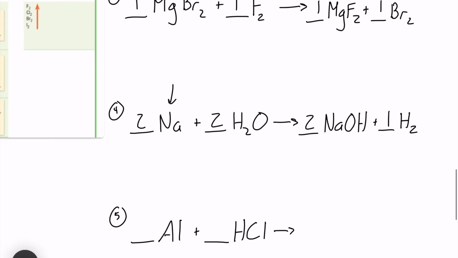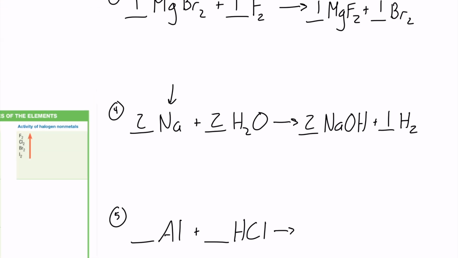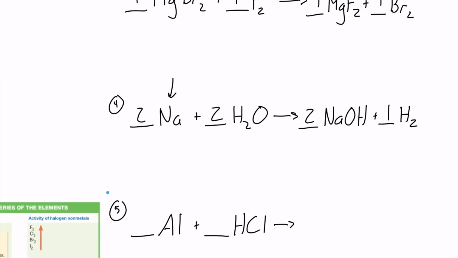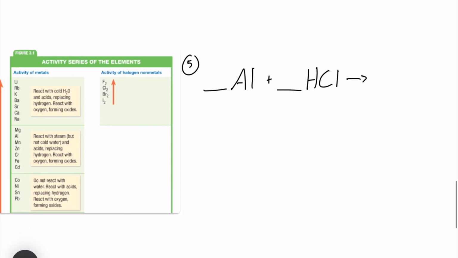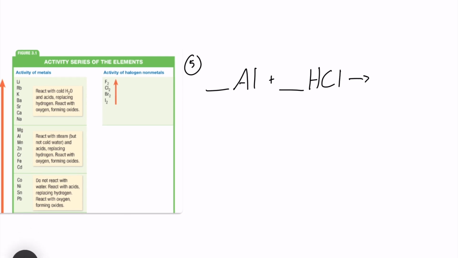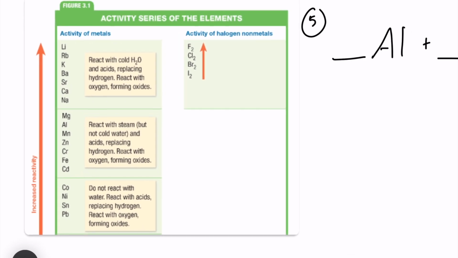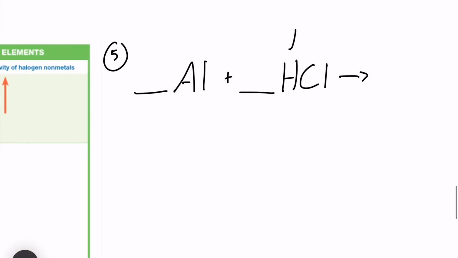So we have aluminum reacting with hydrochloric acid. I'll just drag this activity series down a little bit more, and we'll finish this video up. So we have aluminum and hydrochloric acid. Let's see if we can find aluminum on our activity series. It's right here. And again, we don't have any metals at all in hydrochloric acid.